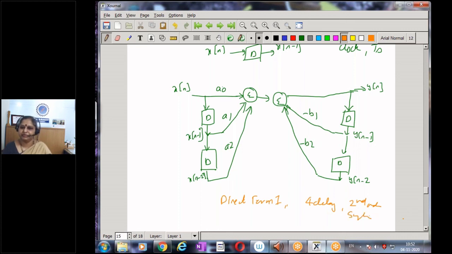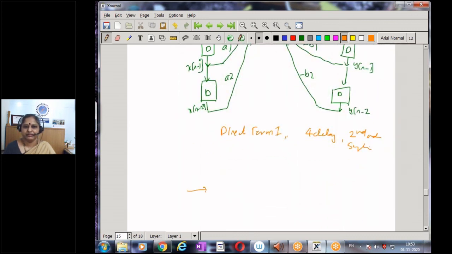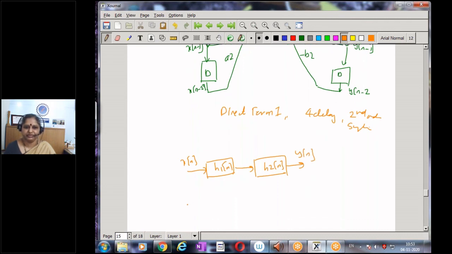We have another method of realizing the same system, since the order in which we cascade two systems does not matter. In general, if I have a system with impulse response h1[n], and another system with impulse response h2[n], with input x[n] and output y[n], we will see very soon that even if I interchange the two systems, I will still get the same output.